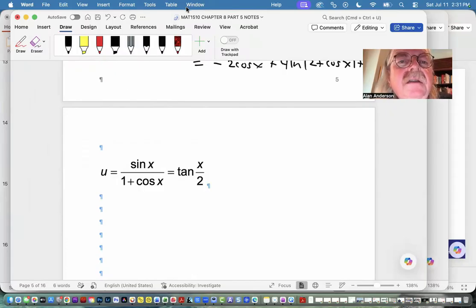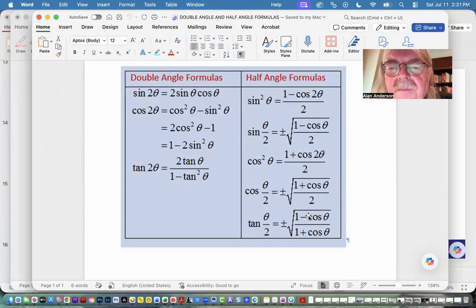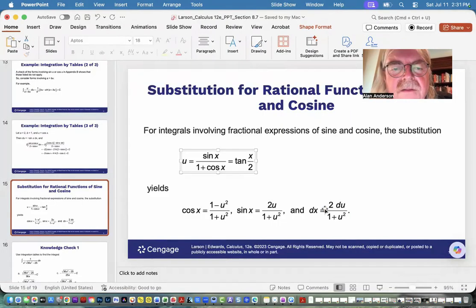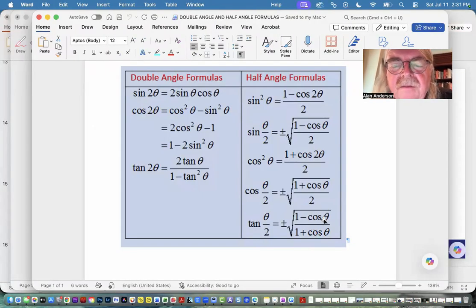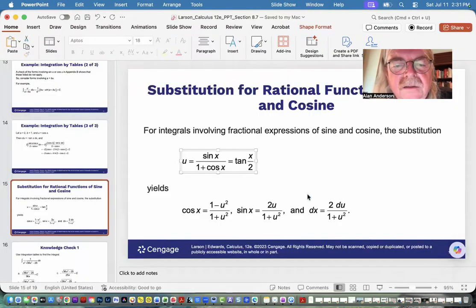But way down at the bottom, oh, that's interesting. It's one minus one over cosine theta over one plus. Huh.